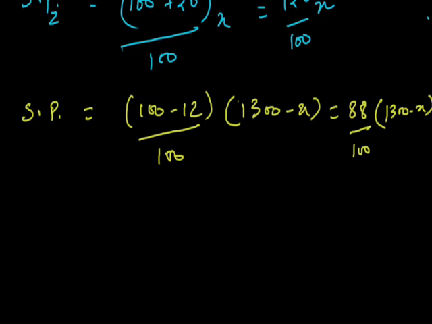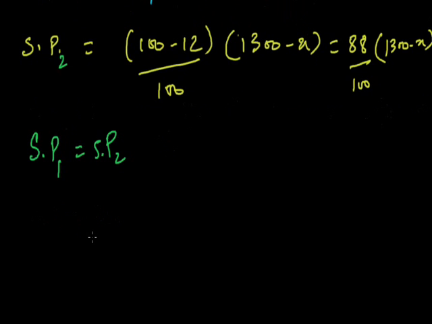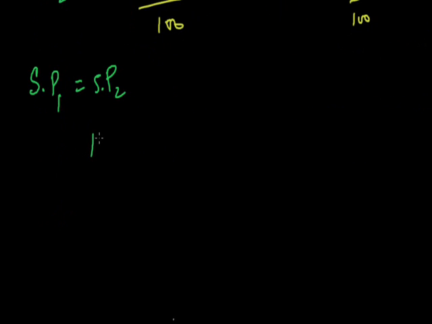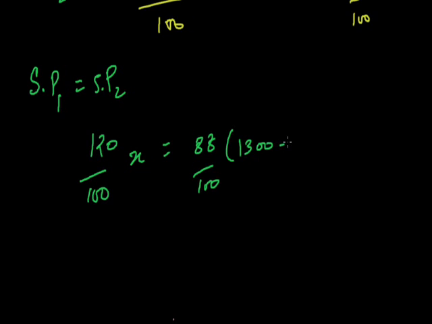Now according to the question, the selling price of the first one and the second one is the same. So we can equate both the selling prices. It will be 120 upon 100 X equals 88 upon 100 of 1300 minus X. Now if you solve this equation, we can cancel 100 by 100.